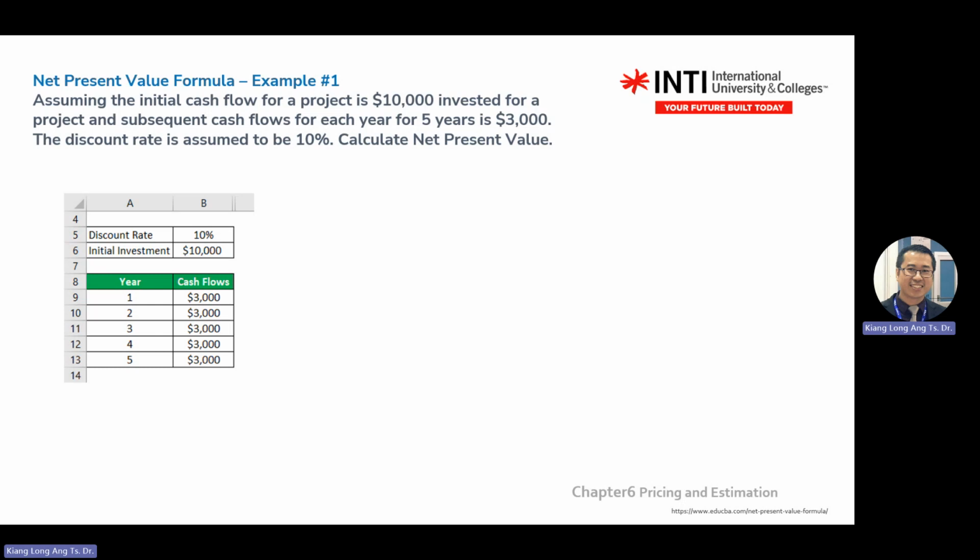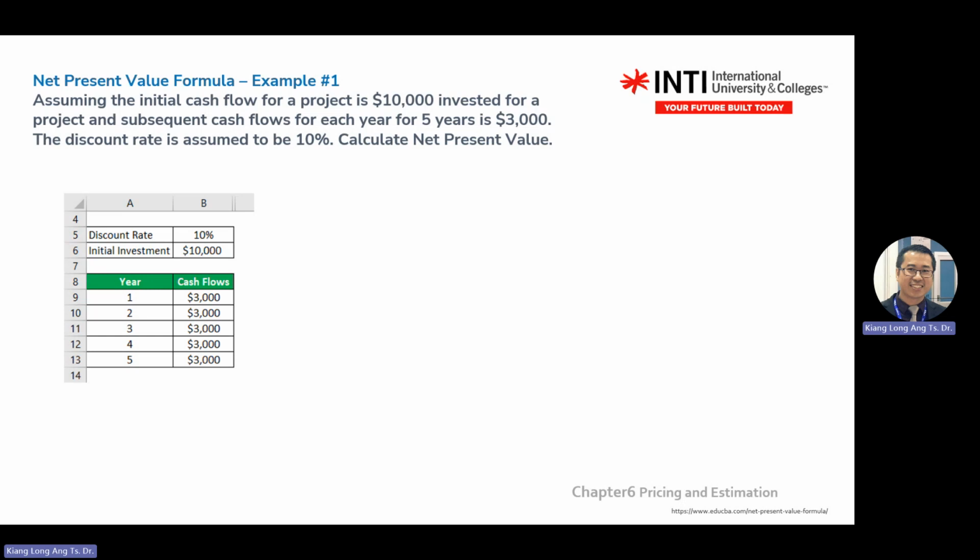Calculate net present value. In your answer sheet, you draw two tables. You write discount rate. You copy from the question, 10%. You write initial investment. So you copy from the question, 10,000.